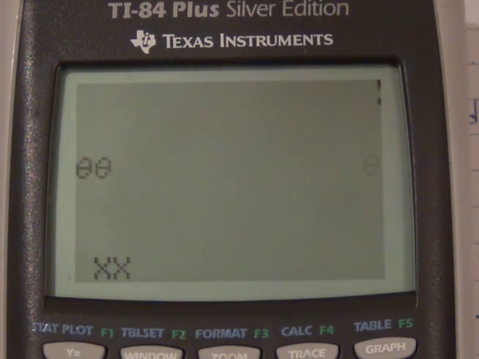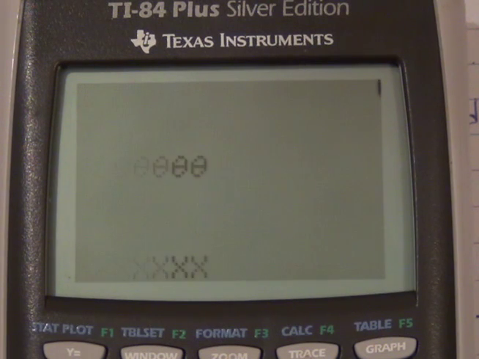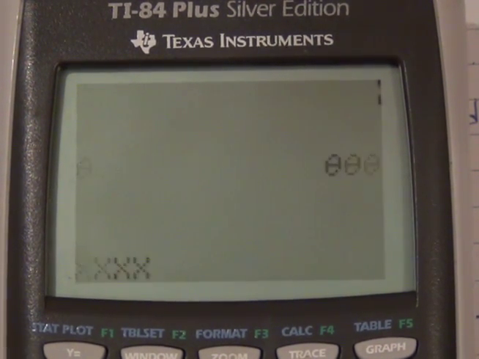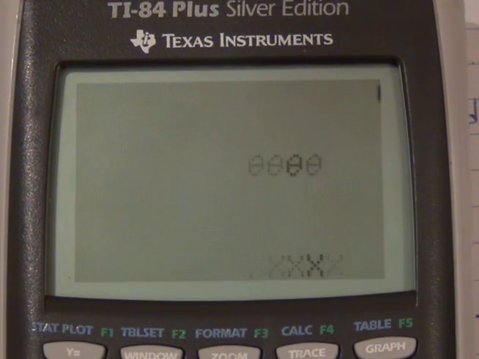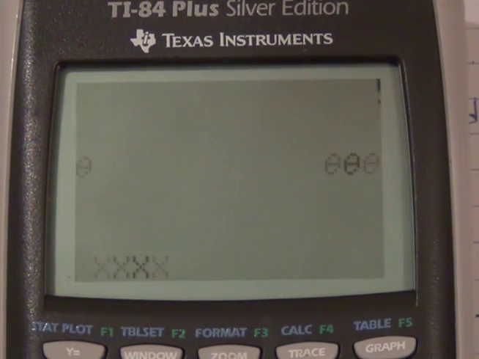Uh-oh. Is he following me the right way, though? No, he's not. Because watch. As soon as I do that, he goes the wrong way. So, I did something wrong here. He follows me.